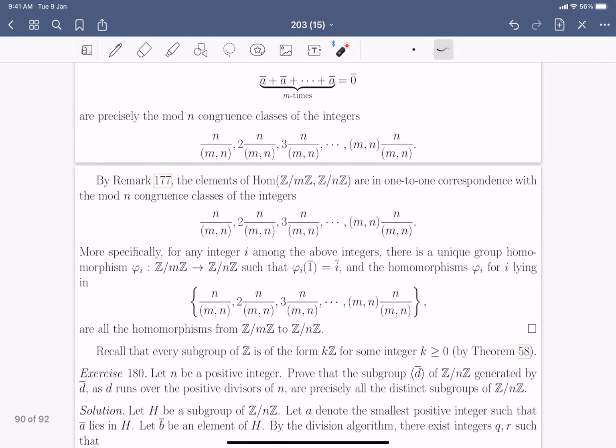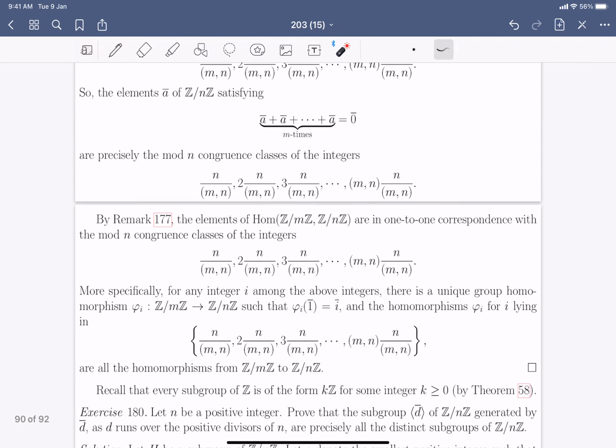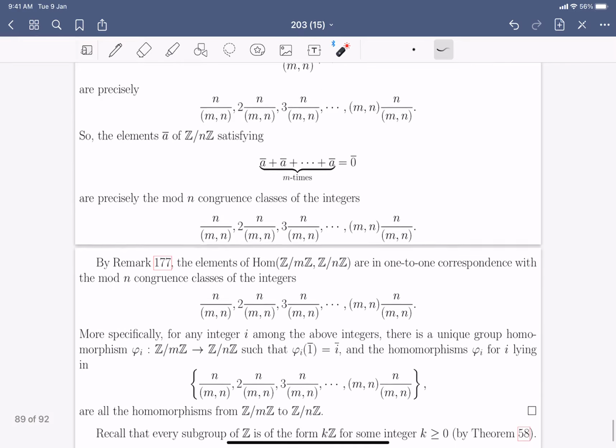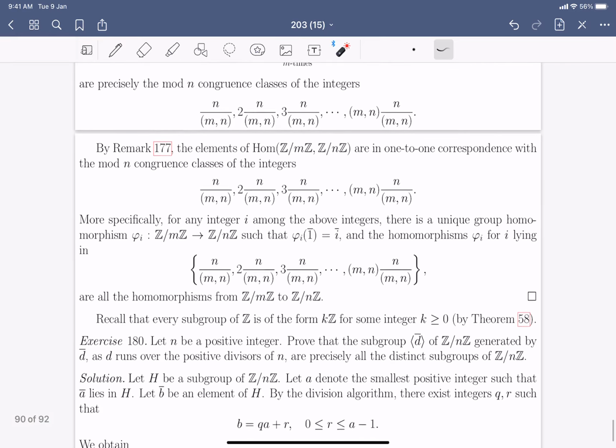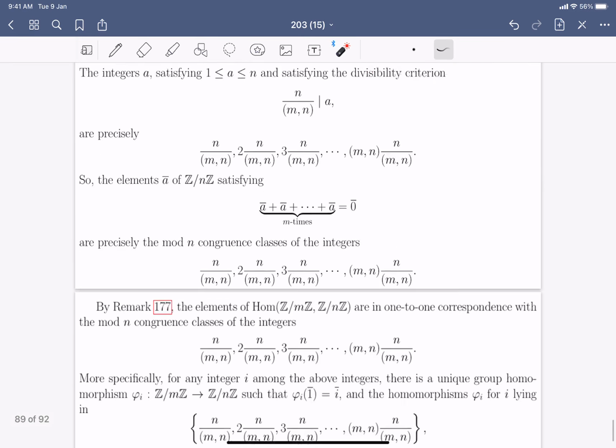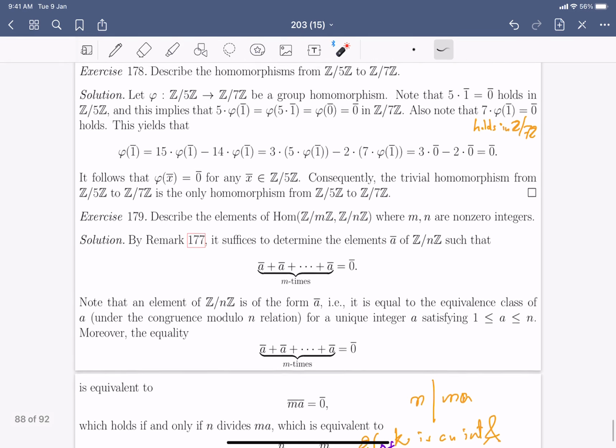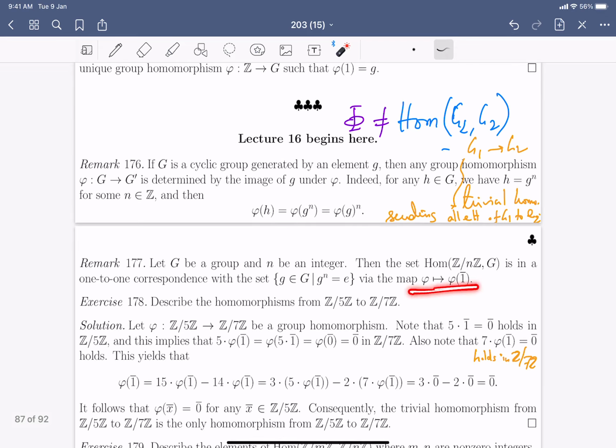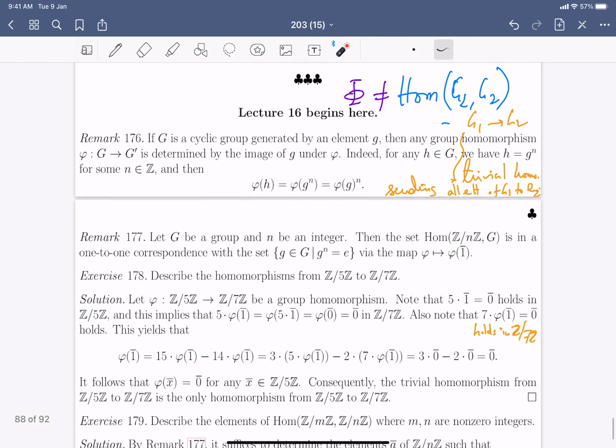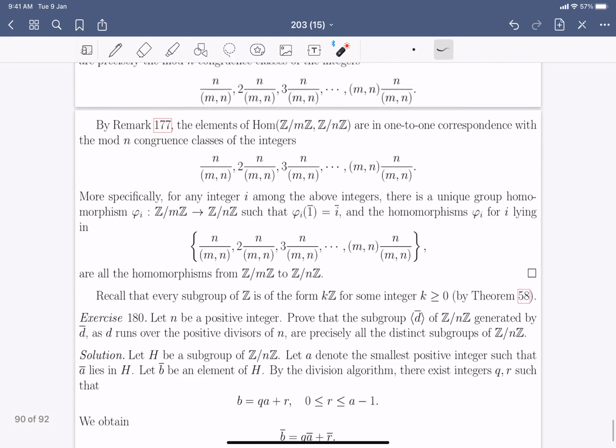So we have understood this Hom set, but it would be better to write down these homomorphisms explicitly. For that we need to again use the one-to-one correspondence that we know of, which is given by the map that sends the homomorphism to its image at the element 1 bar.